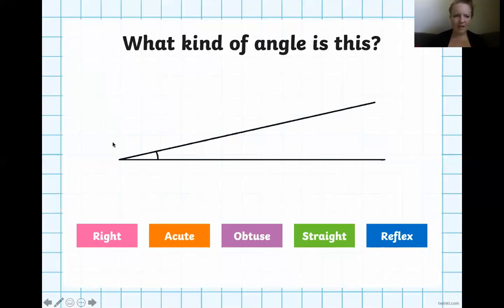Is it an acute angle, less than 90 degrees? Is it an obtuse angle, greater than 90 degrees but less than 180? Is it a straight angle, 180, so a straight line? Or is it a reflex, greater than 180 but less than 360? What do you think? Tell me when to stop.